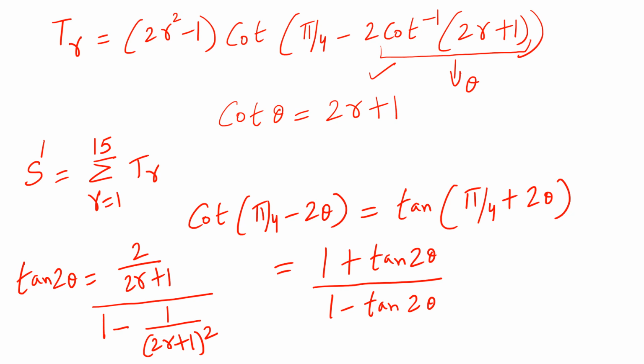Now from here, I get the value of tan 2 theta equal to 2 into (2R plus 1) divided upon (4R square plus 4R). Right? Now students, we move further. Just divide up and down by 2. So tan 2 theta becomes equal to (2R plus 1) divided upon (2R square plus 2R).